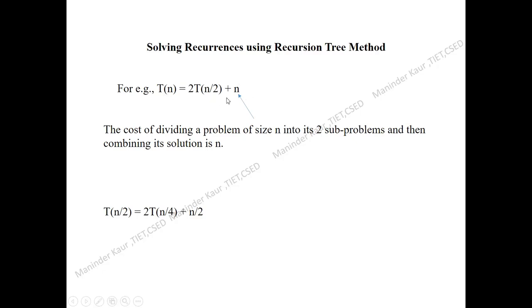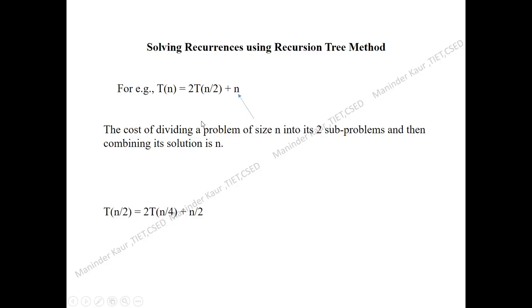Similarly, when we expand this recurrence relation further, for T(n/2) the result will be 2T(n/4) + n/2. Here n/2 is the cost at the second level of recursion, the cost of splitting and combining the results fetched from two recursive calls, each of subproblem size n/4.